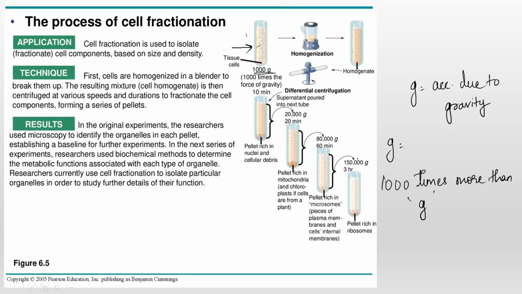So at 1000 g, first you rupture the cell, you homogenize the cell. After you homogenize the cell, you get a homogenate. Now this homogenate is going to have many different things. It is not just one particular protein, because now you have identified the source.